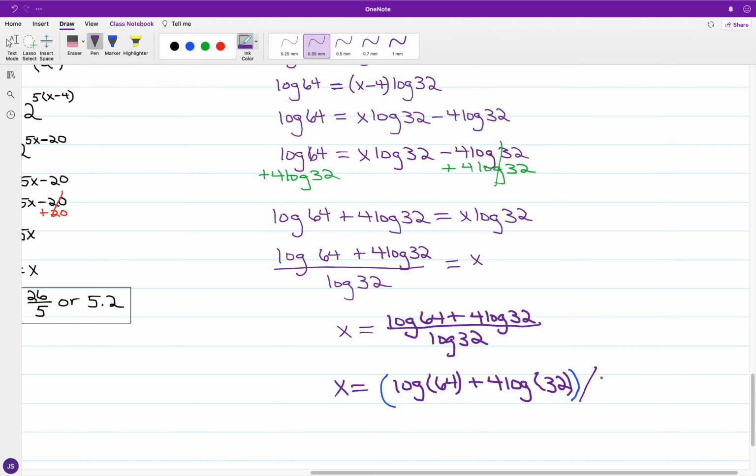And we have divided by the base 10 logarithm of 32.